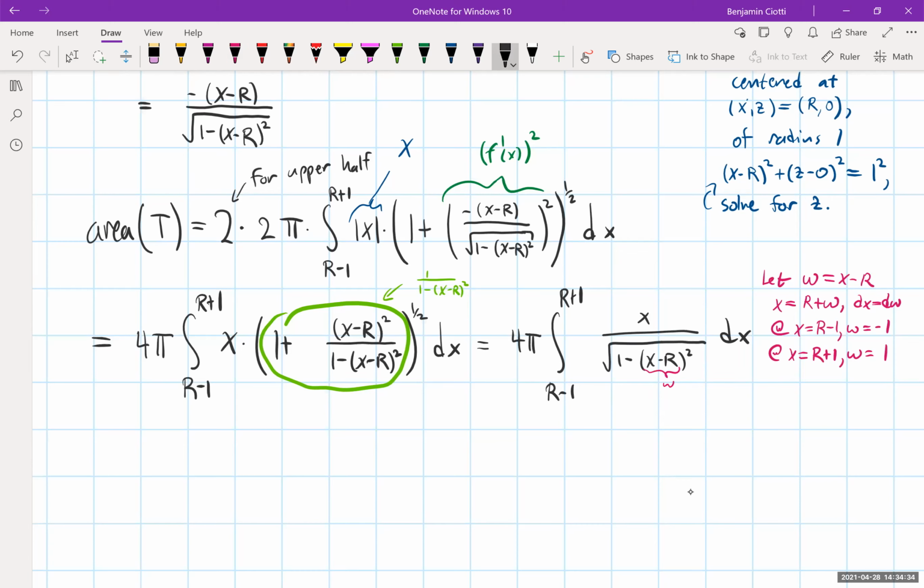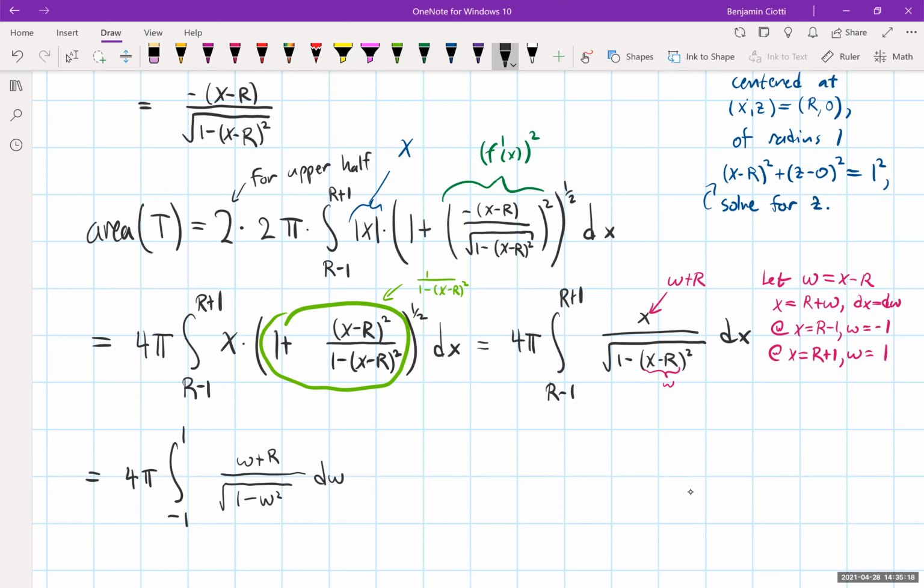So in terms of w now, my new limits are -1 to 1, which is nicer limits. In terms of w, x is w plus r.